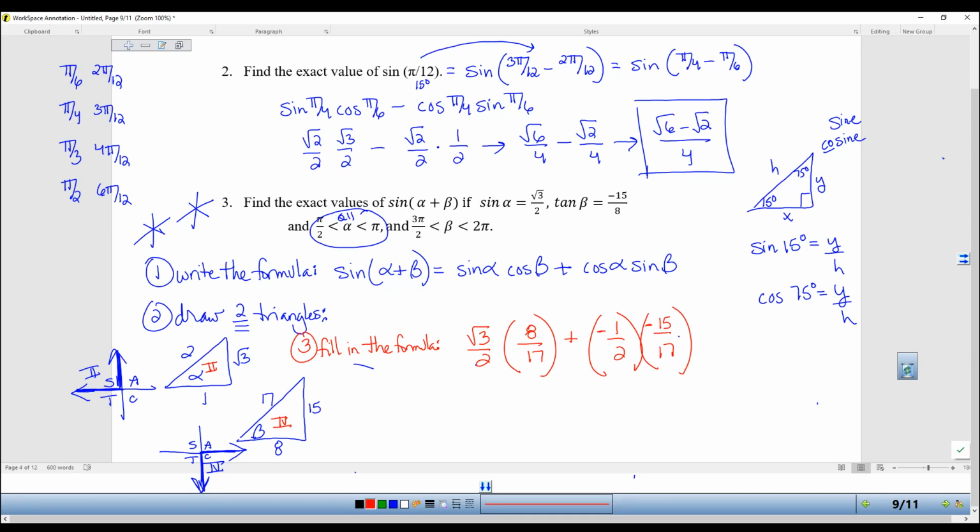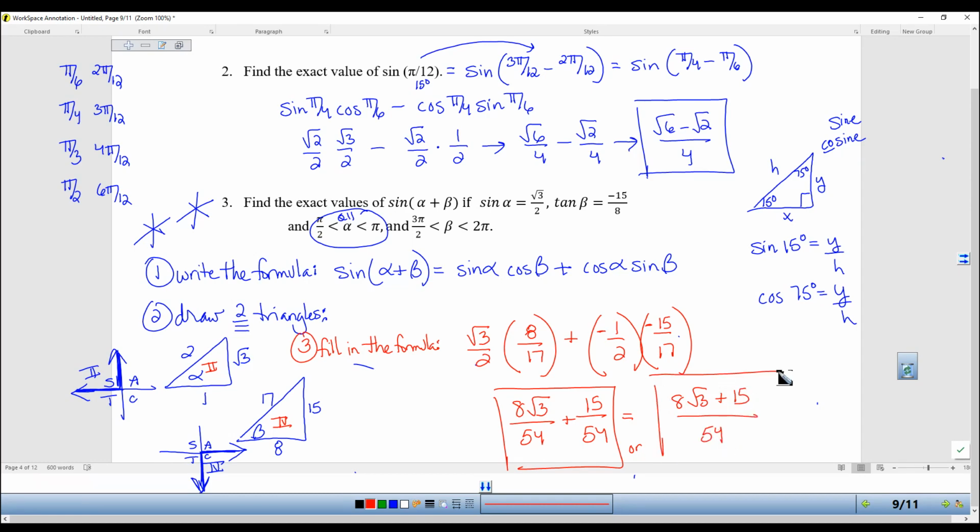But because I check your work, you still would have gotten it wrong. This gives me 8 square roots of 3 over 54 plus 15 over 54, which you could box that answer, or since it does have a common denominator, you could write it as 8 square roots of 3 plus 15 over 54. Either one. Okay.